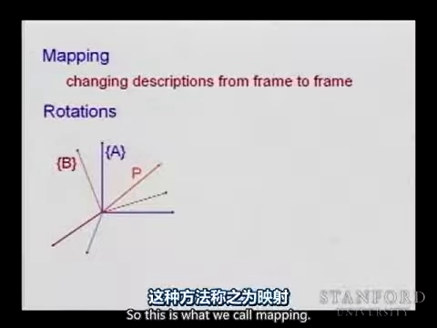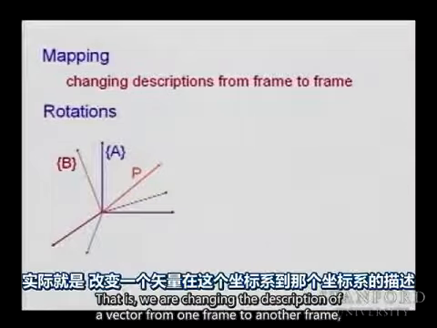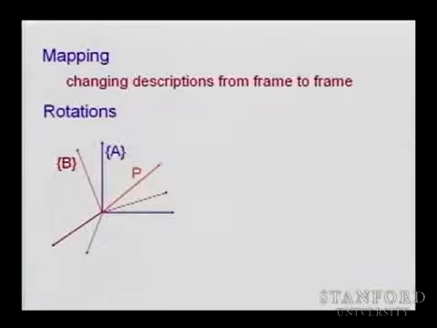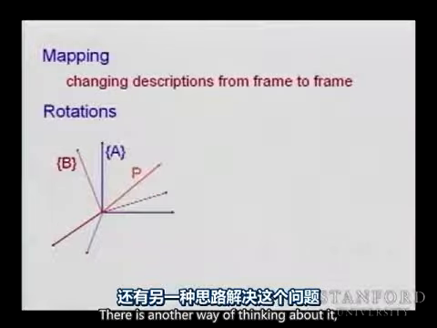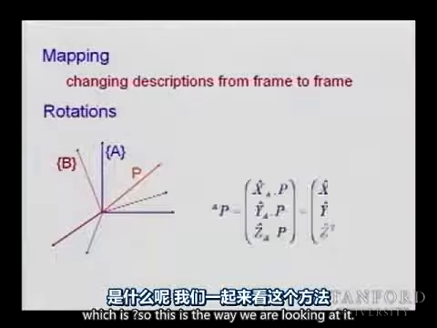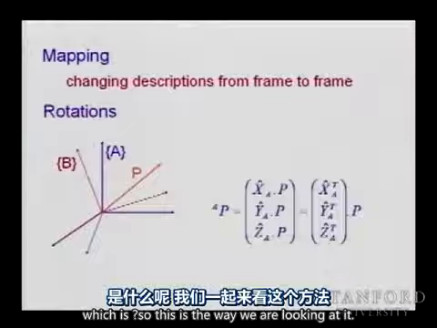So this is what we call mapping. That is, we are changing the description of a vector from one frame to another frame, but the vector remains the same.